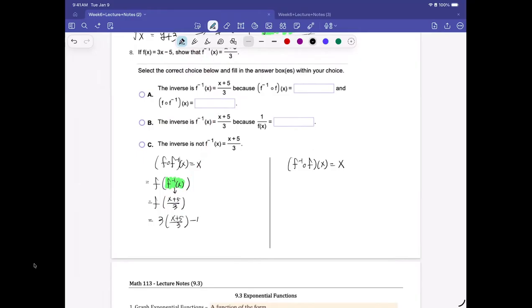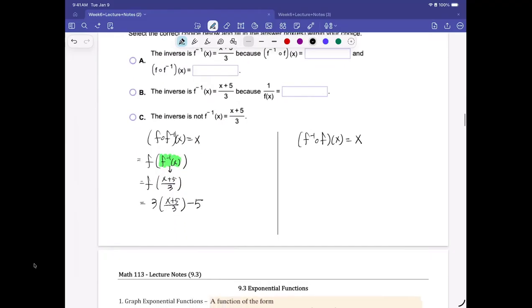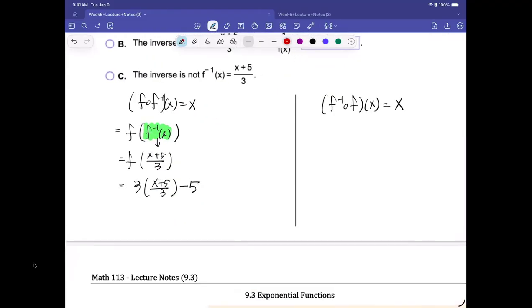And then minus 5. And then as you can see, the 3 and 3 are out. And then x plus 5 minus 5 is equal to x. So the first one is good.